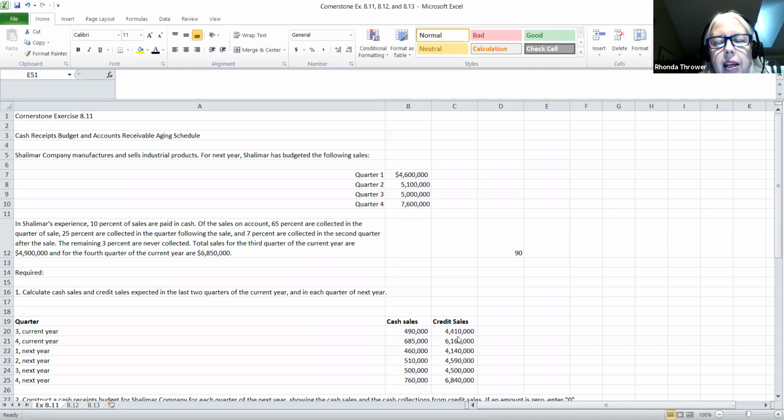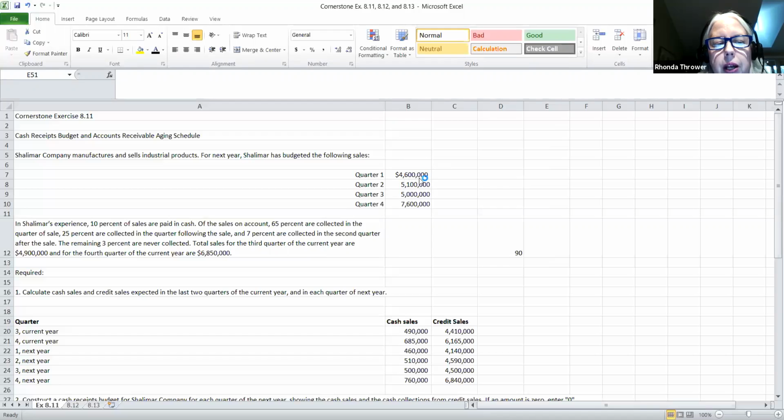The other remaining 90% of the total sales of $6,850,000 are your credit sales. So $6,850,000 times 90% are the credit sales for that period of time. In quarter one of next year, the total sales are $4,600,000.